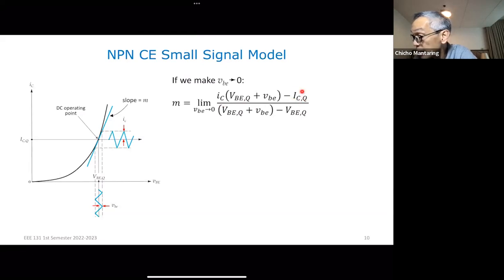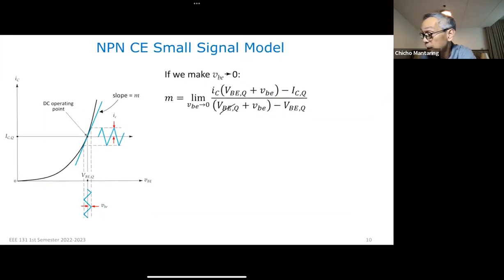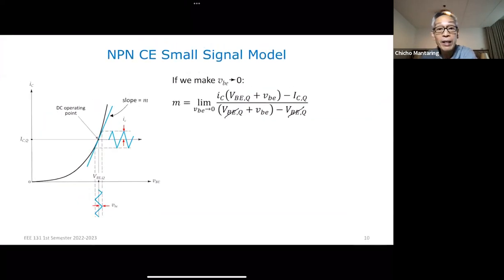Samantalang itong ICQ, that is the I sub C at VBEQ. So we get the difference. And then ito naman sa baba, this is the change in input. So this is VBEQ plus V small be minus VBEQ. Actually, magka-cancel out to. This and this will cancel out. And ang matitira is just V small be sa denominator. Okay, who can recognize what this looks like?